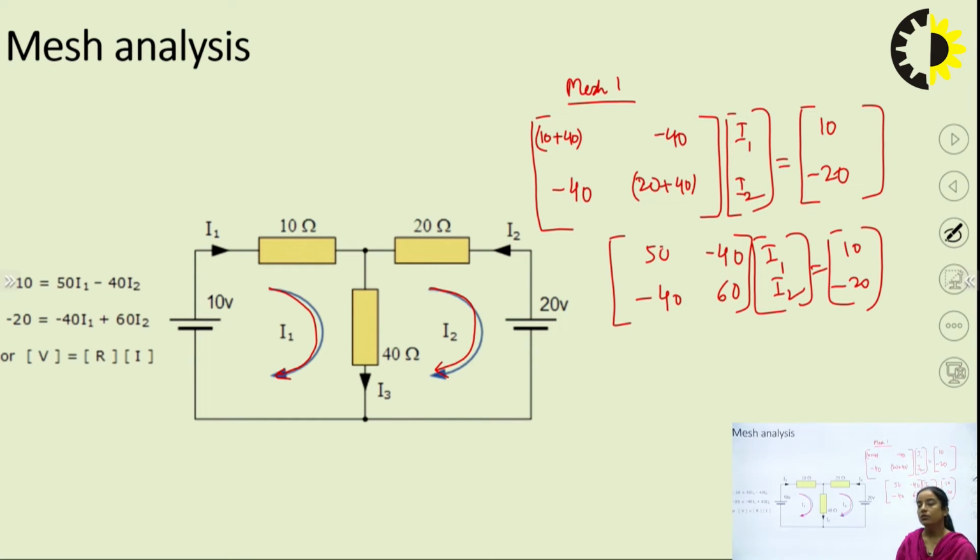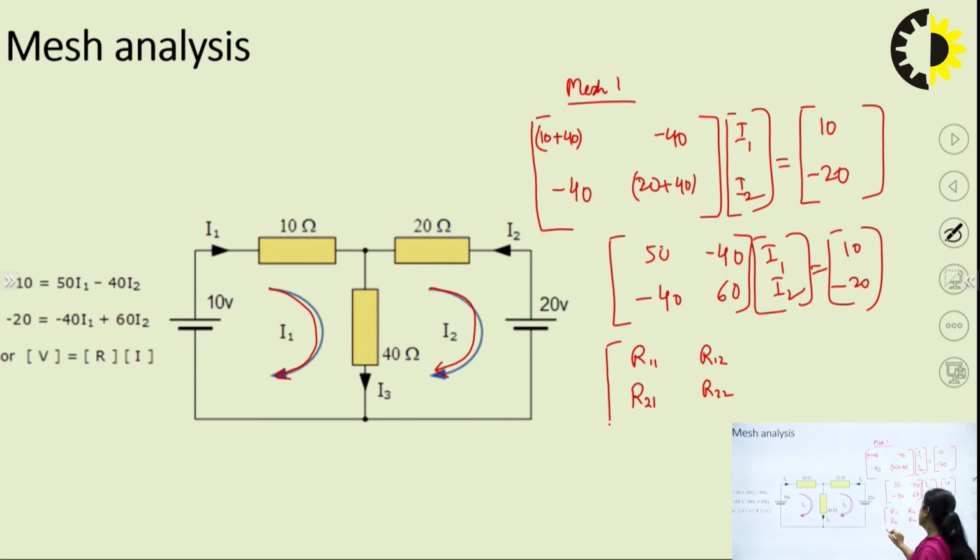Now if we generalize this, suppose this is R11, this is R12, this is R21 and this is R22.